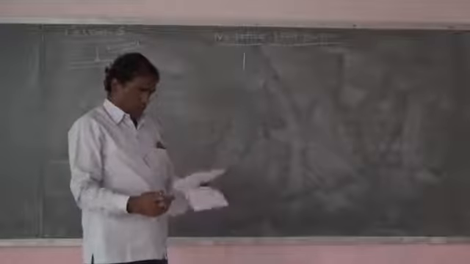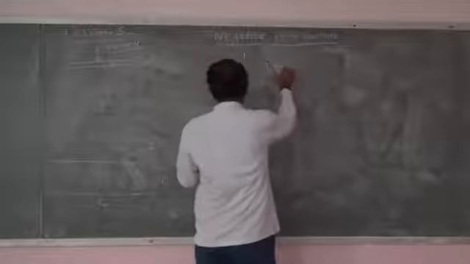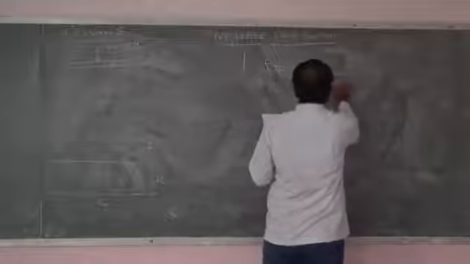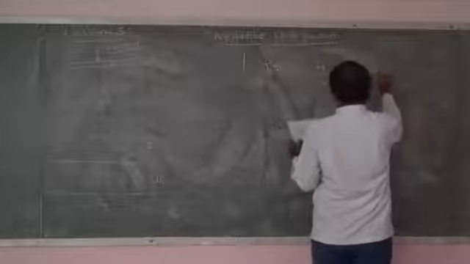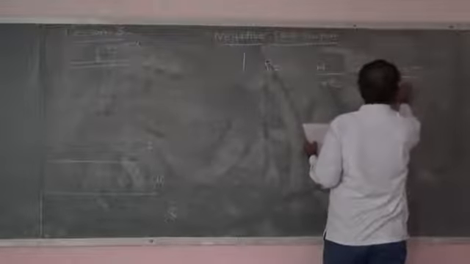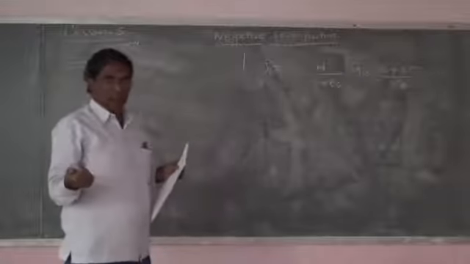Now, settlement is given by the formula I have given you, that is Cc H divided by 1 plus e naught, log 10 of sigma naught plus delta sigma by sigma naught. This was the formula. I think I did the first layer fully there also.